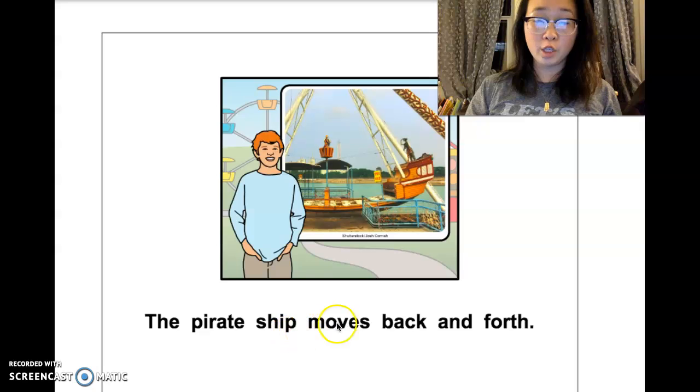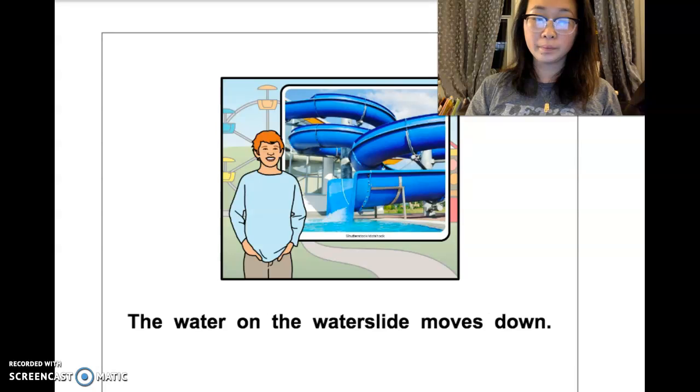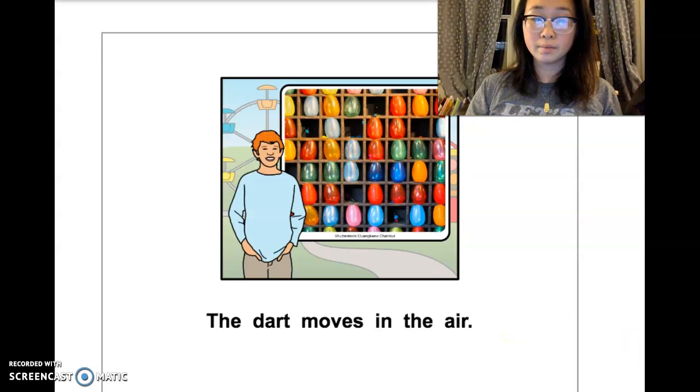The pirate ship moves back and forth. The water on the water slide moves down. The dart moves in the air. We hit those balloons.